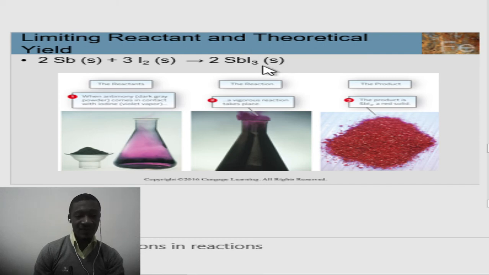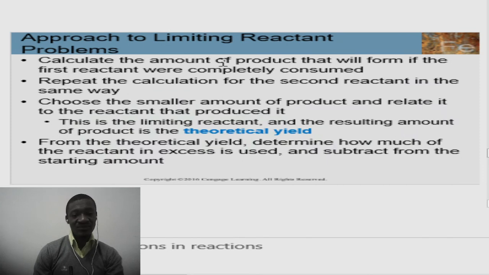Going by the name, 2 moles, 3 moles. You see, it gets complicated when you think about it. 2 moles of antimony, 3 moles of iodine, which is 5 moles, and at the end of the day you just have 2 moles of your product. It's quite interesting. So the approach to limiting reactant problems is to calculate the amount of product that will be formed from the first reactant completely consumed, then repeat for the second reactant.